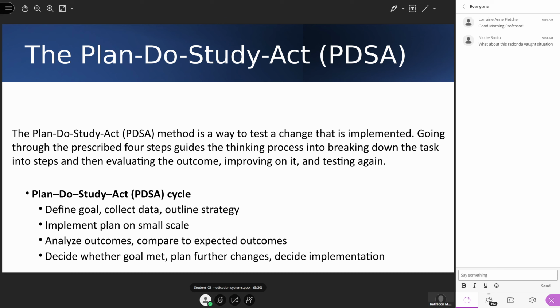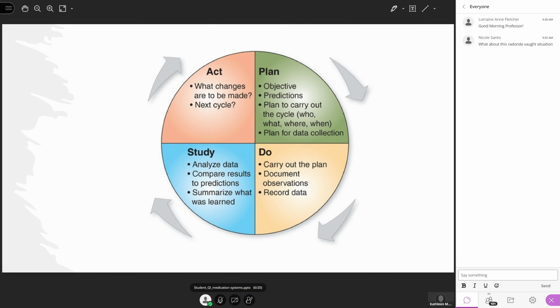It breaks the task down into steps, and then they evaluate the outcome, improve upon it, and test it again. So what I want you to know from these slides, and I know you read the example I gave you, and I'm going to give you another example, is that I think it's important that you know what takes place in all four of these.